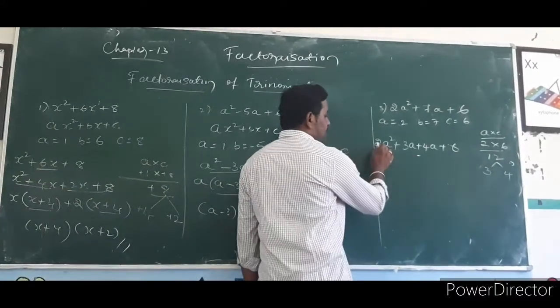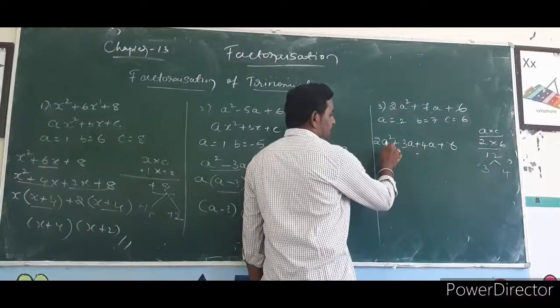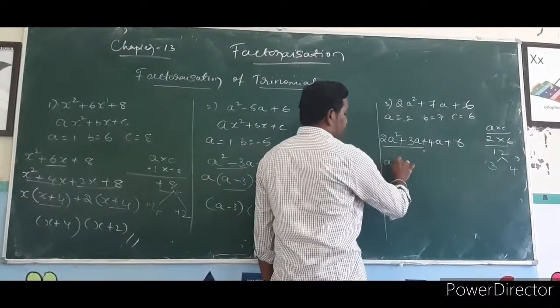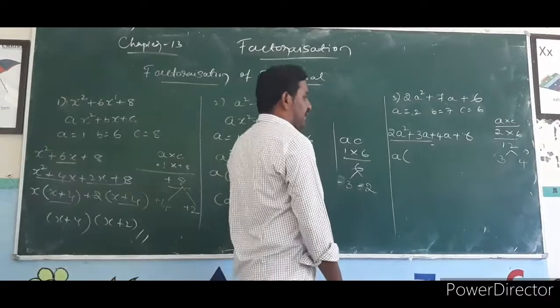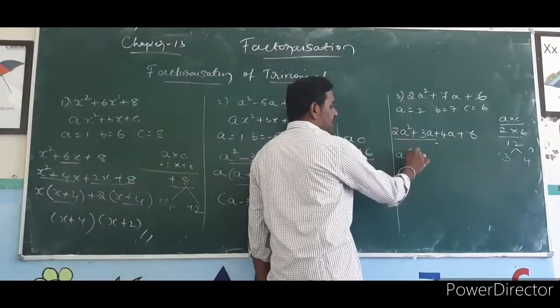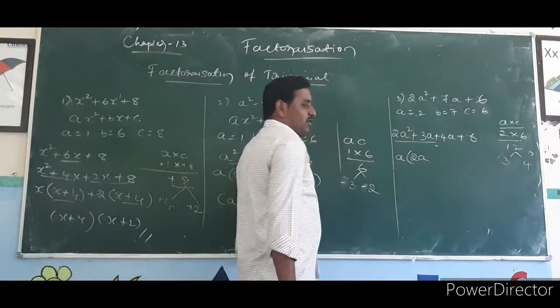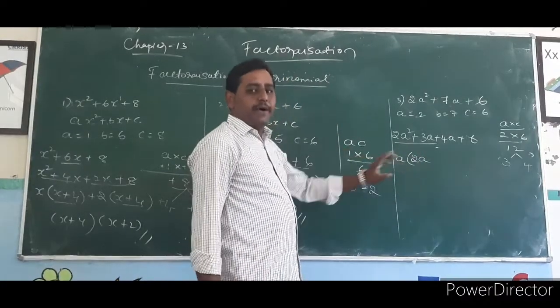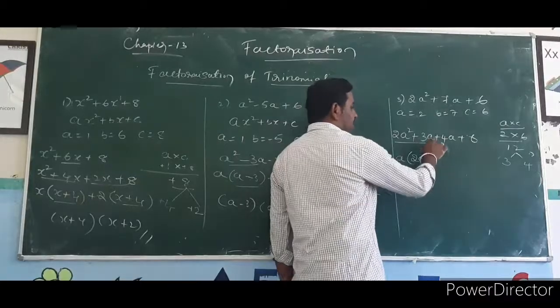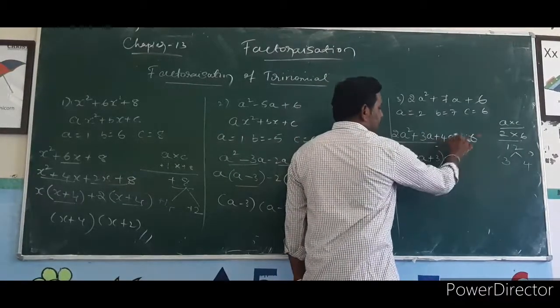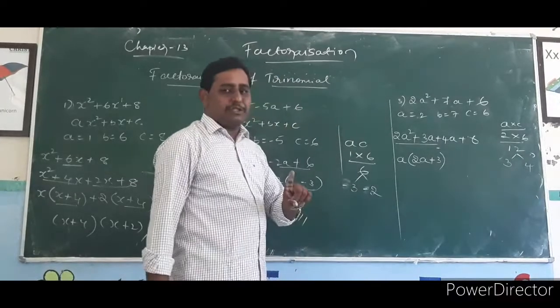So for 2a square and 3a, I am taking common factor a. If I am taking common factor a, what is remaining here? 2a in the bracket, plus 3 remaining. In a square, 1a I am taking outside. Then 4a plus 6: 4 and 6 are divisible by one number, that is 2.